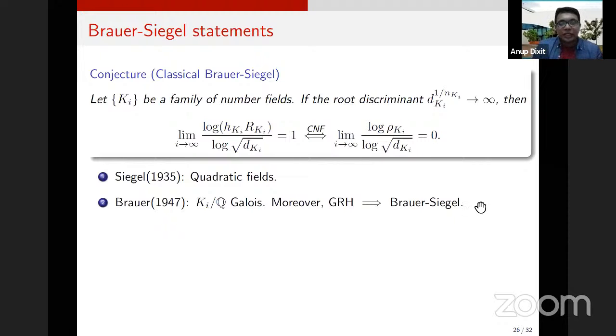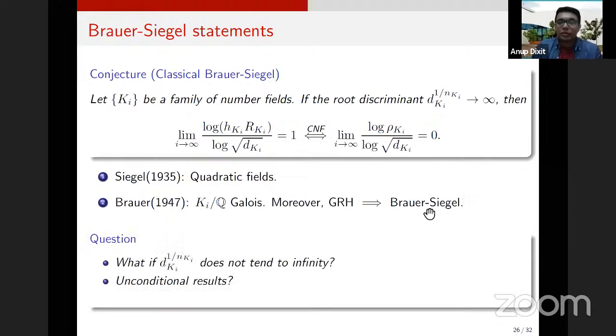Okay, so one of the things that we will do is try to relax this condition, that the root discriminant goes to infinity. We will try to relax that condition and get some unconditional results, which were not known before, without assuming GRH, and then get some effective versions as to how fast this is going to 0, or how fast this is going to 1. So that's what we will do right now.